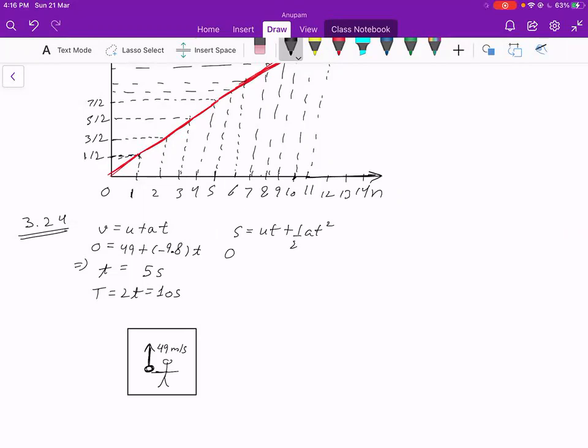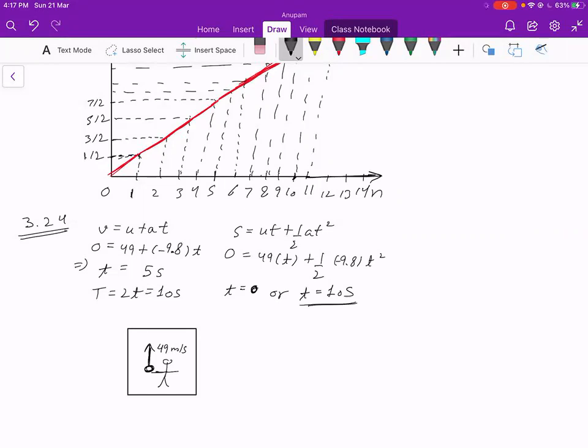Then 0 equals 49 into t plus half into minus 9.8 t square. So the answers will be t equal to 0 or t equal to 10 seconds. The 0 is because the object is starting from the hand, so it is 0 at that point. The other answer is 10 seconds, which is our answer.